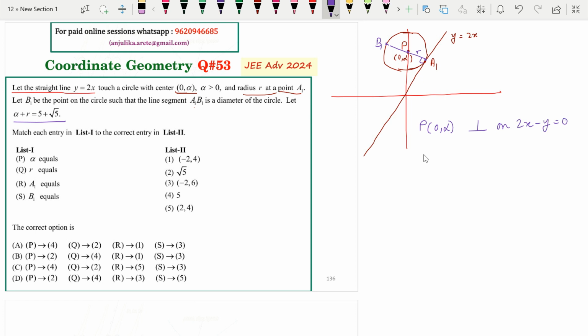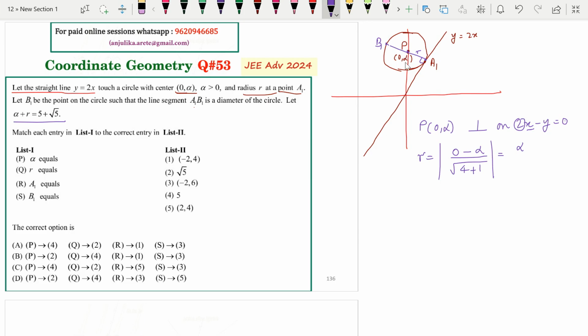Remember the formula? The length of the perpendicular is modulus of a x1 plus b y1 plus c upon under root a square plus b square. Instead of x1 you plug in 0 and instead of y1 you plug in alpha, and there is no c. Your a is 2 and your b is minus 1, so a square is 4 and b square is 1.